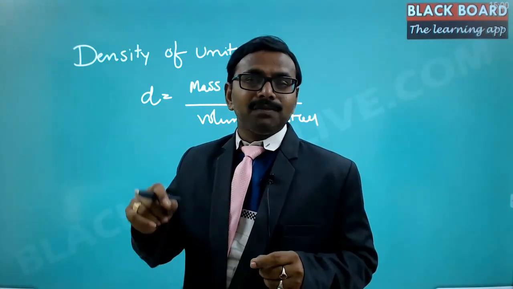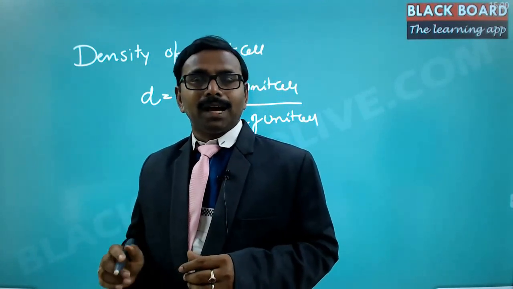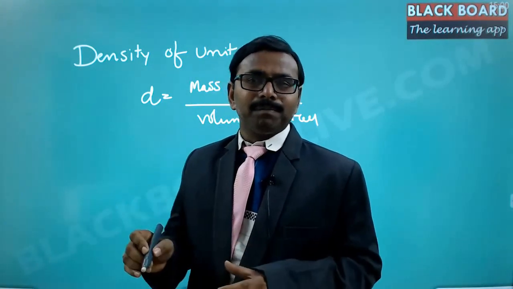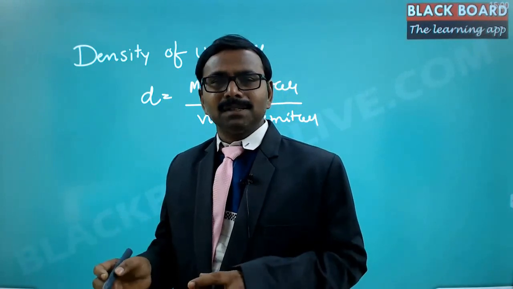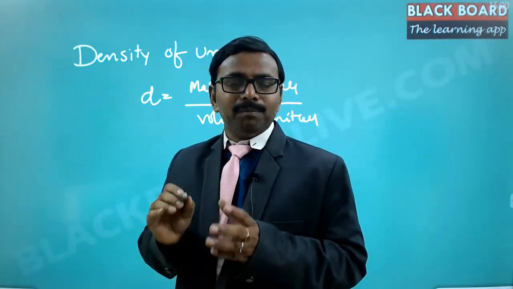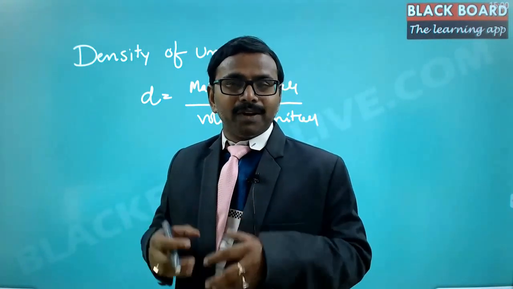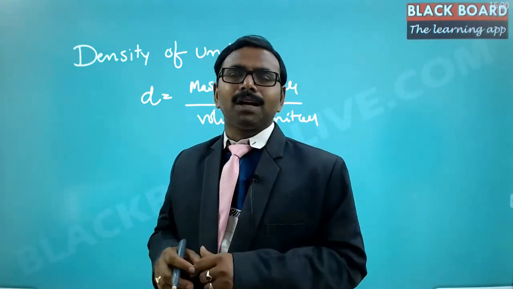What is the mass of each atom? If atomic weight is taken as M, gram atomic weight is M. Gram atomic weight means weight of Avogadro number of atoms. We require only the weight of one atom.